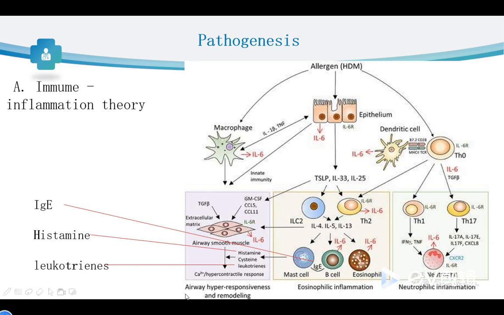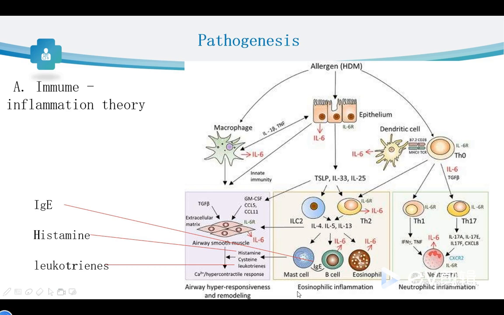And this process is called airway hyperresponsiveness and remodeling. And others, such as the B cells and mast cells, can finally produce IgG and other interleukins, which will cause the chronic eosinophilic inflammation and finally results in the damage of the pulmonary function.